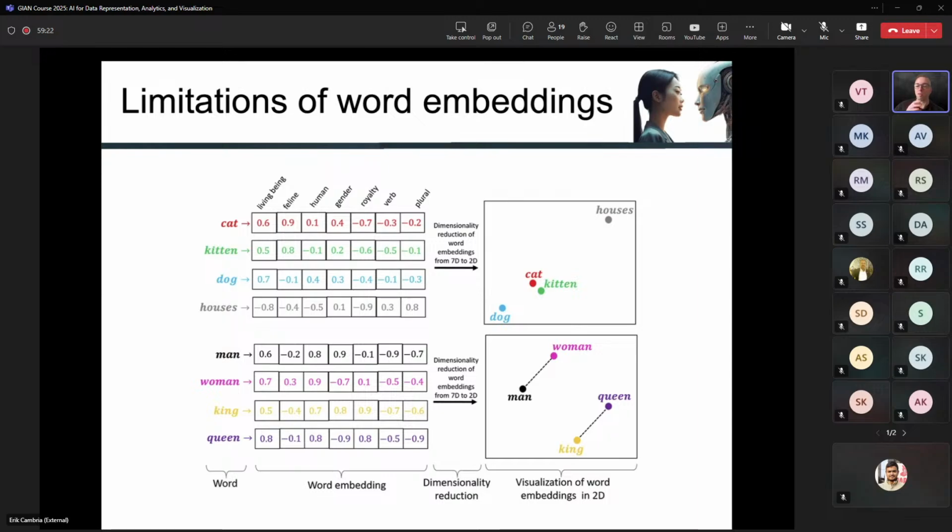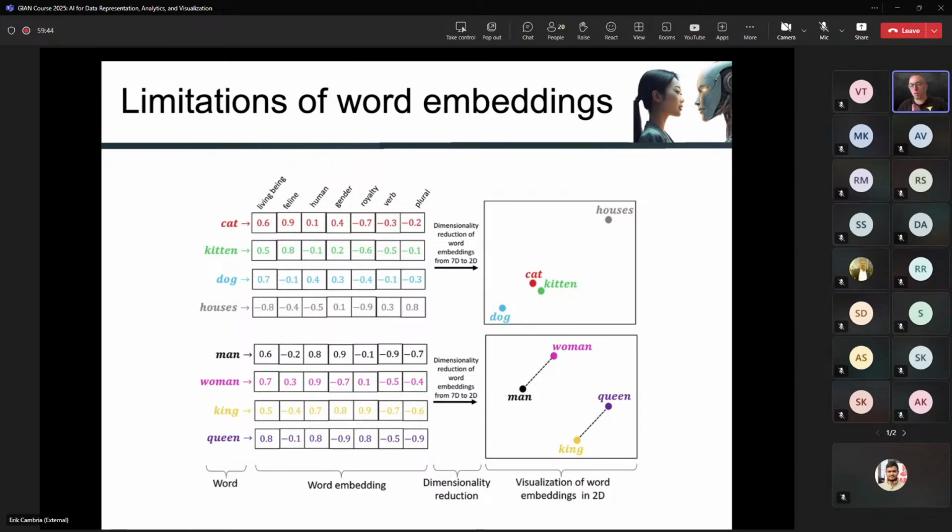So this slide here maybe encapsulates all the things that we discussed in lecture one when we were talking about data representation and reasoning. We can have words that we represent as word embeddings. As we build these word embeddings, we have bigger and bigger embeddings.